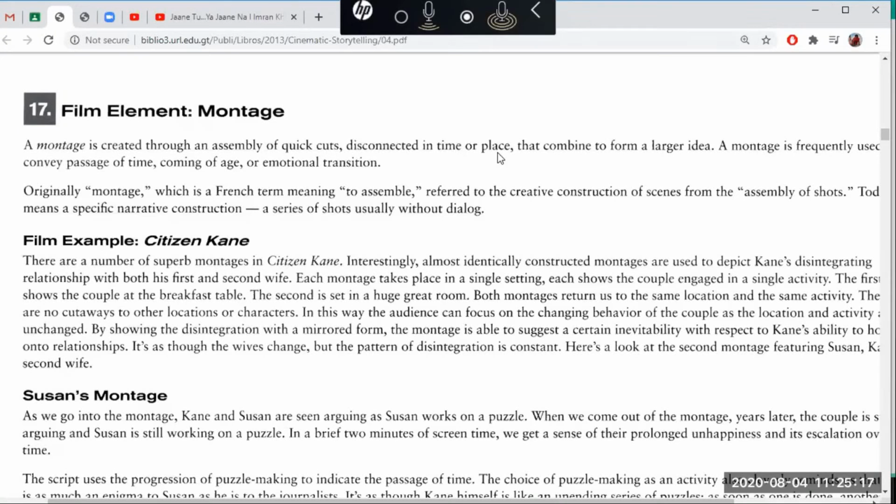You are actually creating montage, right? But he's saying that the meaning of montage was originally something else, but now it is more frequently used to convey a meaning like passage of time, coming of age, or emotional transition. So montage is also used for creating emotional transition.